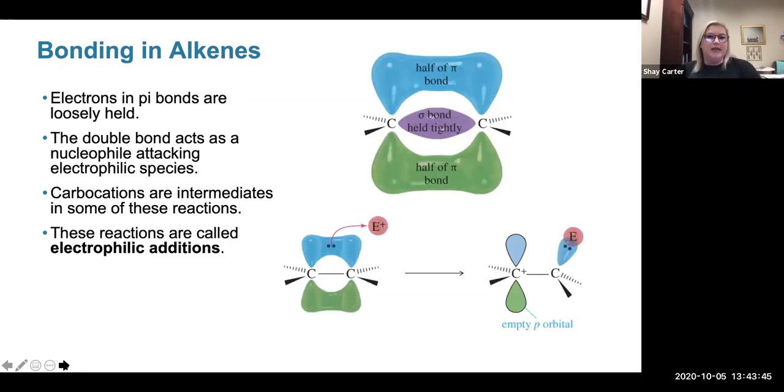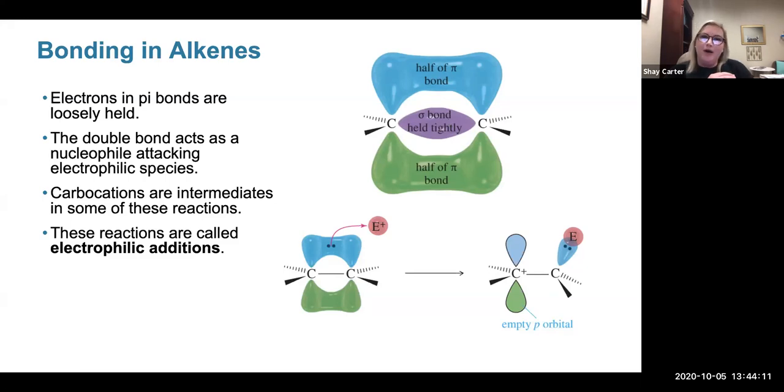So bonding in alkenes. Electrons in the pi bond are loosely held. Remember that they are above and below the internuclear axis. So carbon-carbon atoms are here. These represent the nuclei of these carbon atoms. So we have an internuclear axis here, and our sigma bond is right there in between, on the internuclear axis.